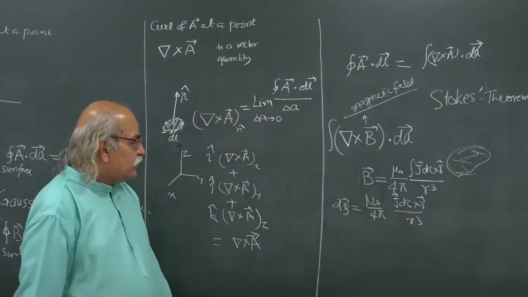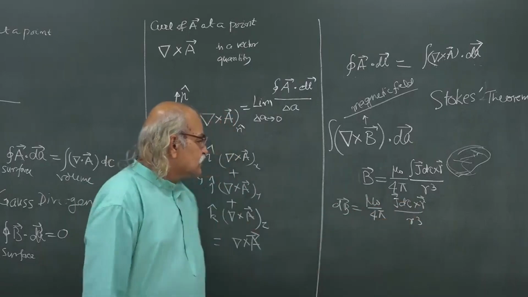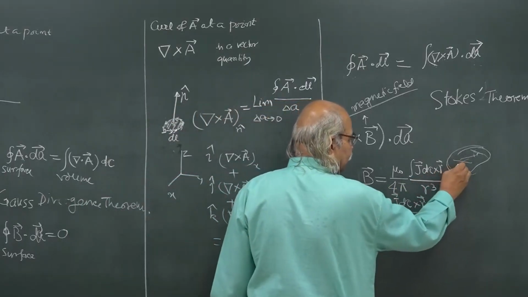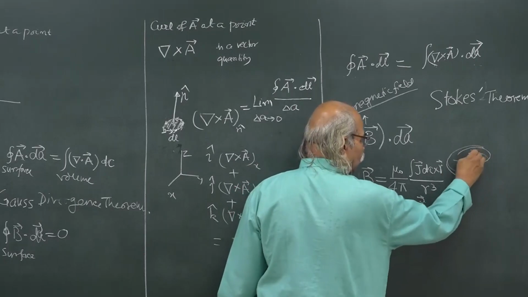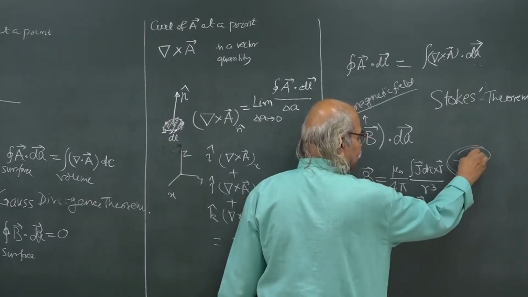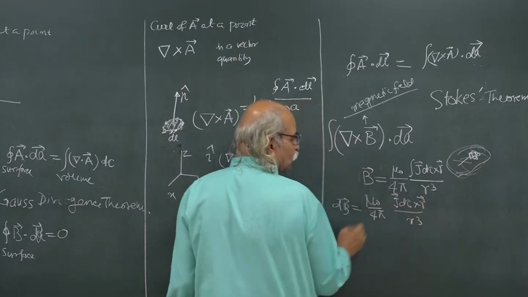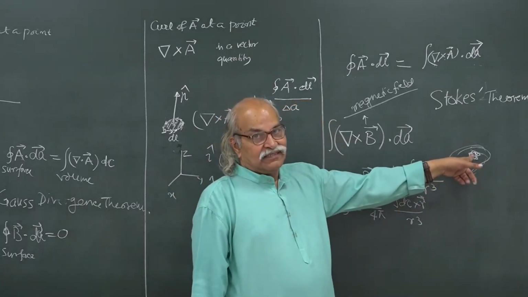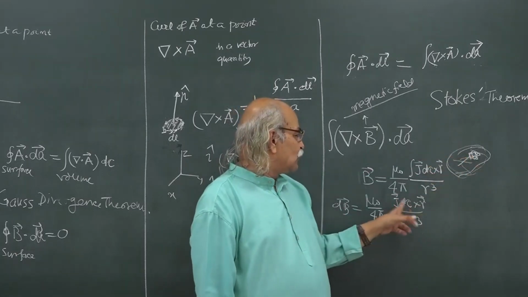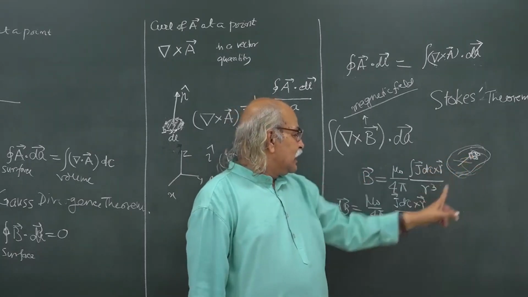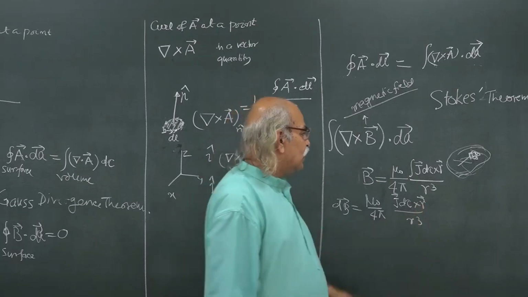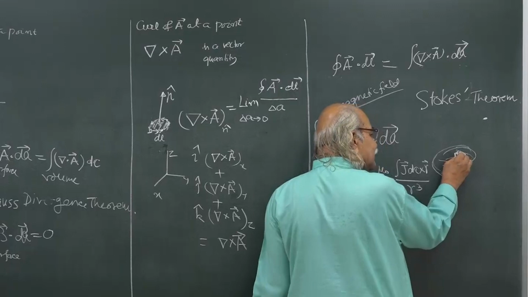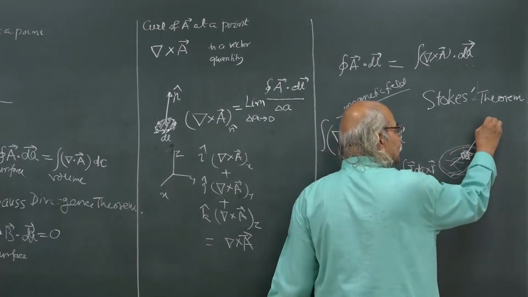And I can remind you what are these quantities. In this current distribution itself, you take a small part d tau, this is that d tau in this current distribution, and see how much is the volume current density here, and then j d tau, that is your current element, and this r is the vector from this chosen d tau to the field point.